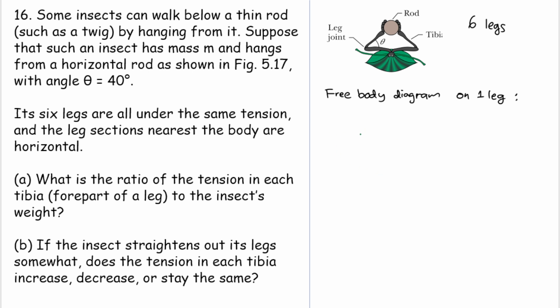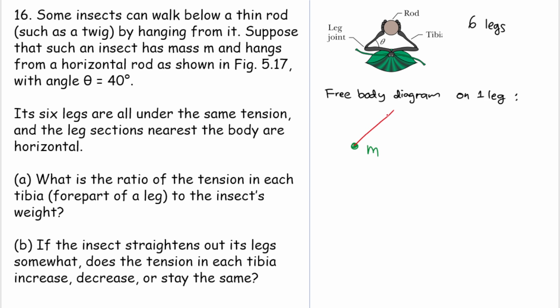Maybe let's just draw the insect as a dot like this. And it has a mass of M, right? The mass is M. And then it hangs on a twig like this. So we will have the tibia looking like this.